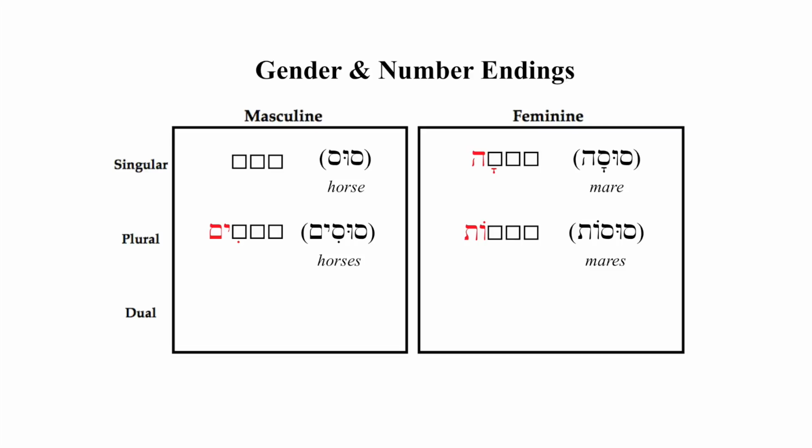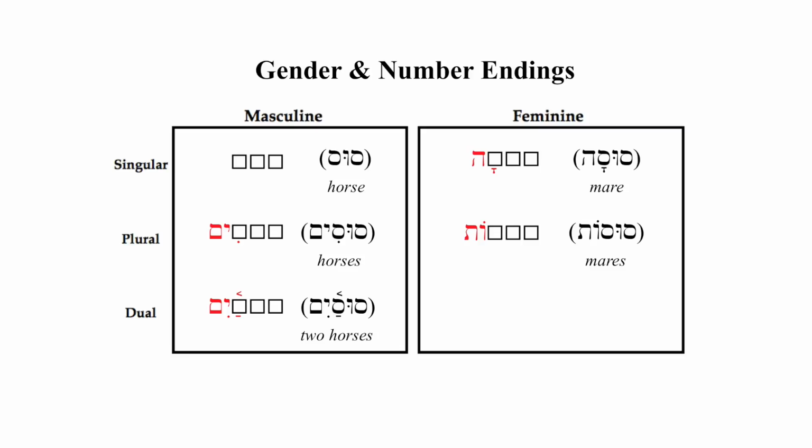Now that's kind of the gamut of what we have in English, but as I said earlier, Hebrew has another ending called a dual when it specifically wants to specify that there's only two. And it is the ending ayim. So if we add this ending onto the word horse, we end up with susayim. And susayim would be a pair of horses.